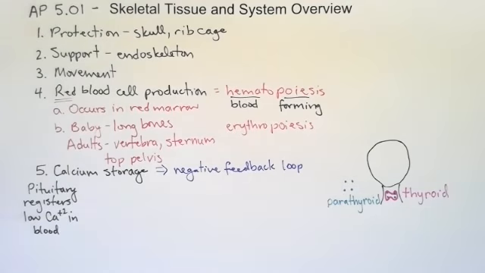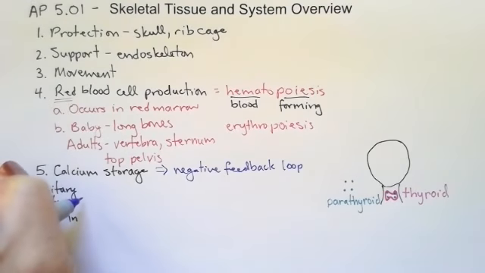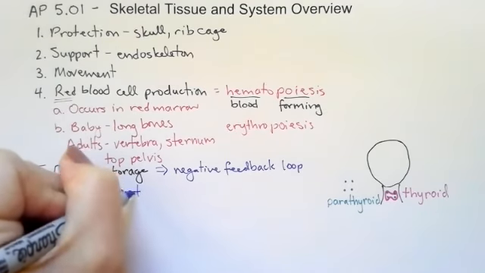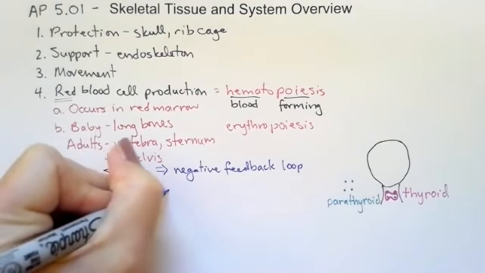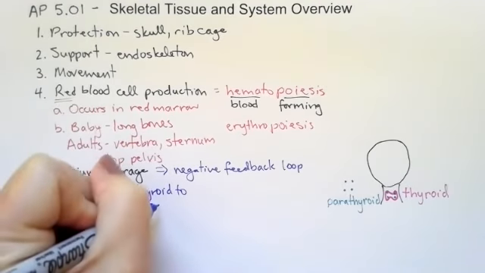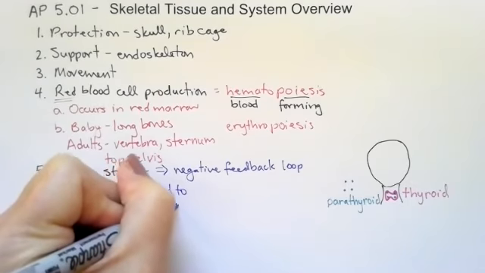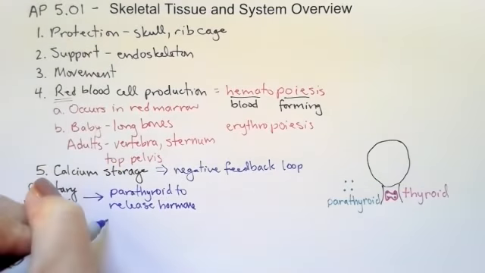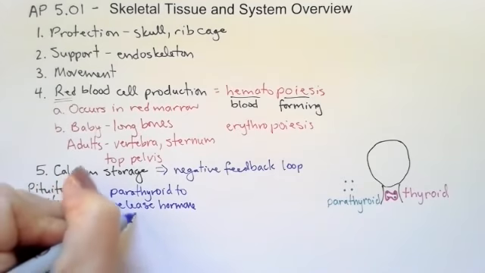So if your pituitary registers a low calcium level, it will cause the parathyroid to release a hormone called parathormone.